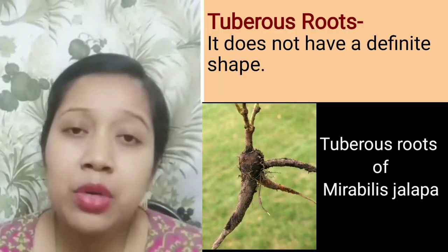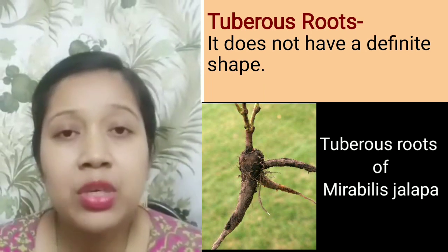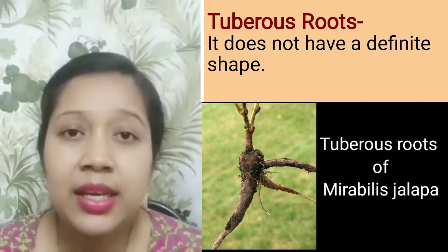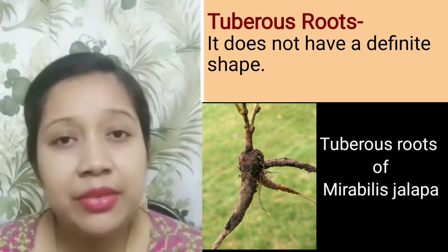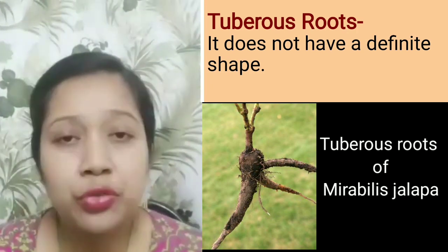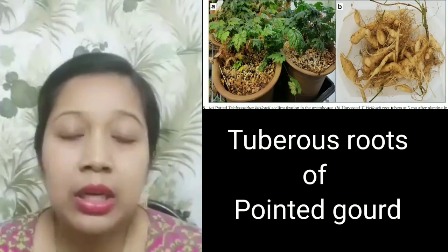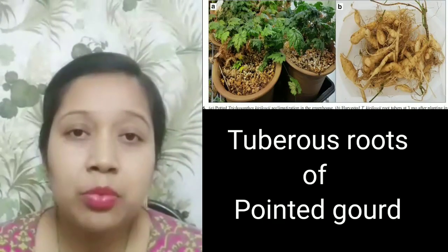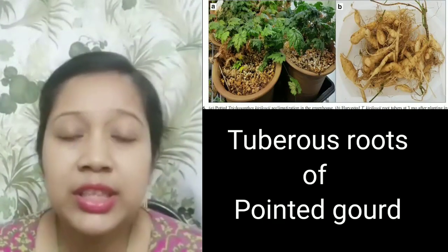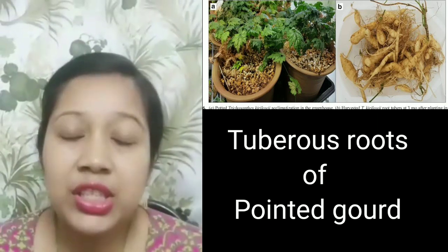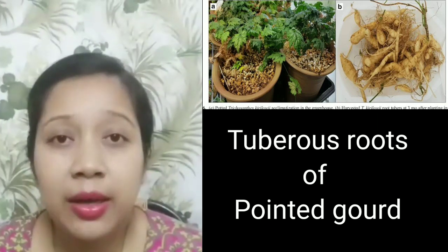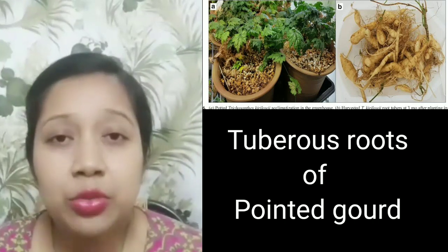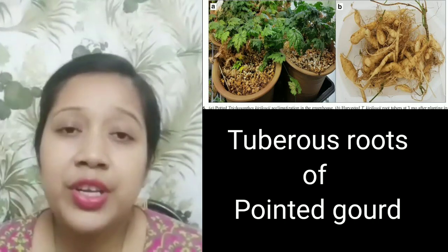Now the tuberous root is much easier. All the other three have a particular shape and size that was already there, and on the basis of that they were named differently. Fusiform root has a middle portion that is fleshier, broader than the base and the tip. Conical root becomes broader from the base and narrower towards the tip very gradually.